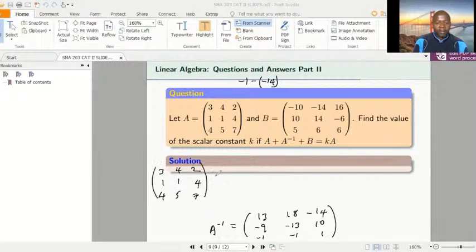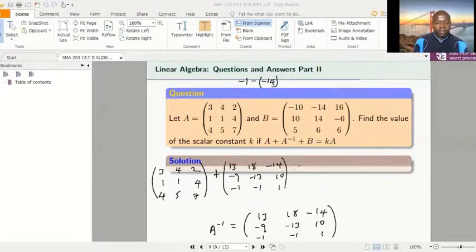A inverse is 13, 18, negative 14, negative 9, negative 13, 10, negative 1, negative 1, 1.